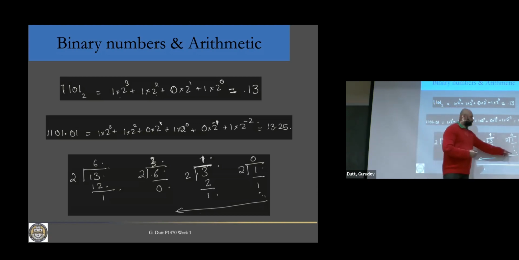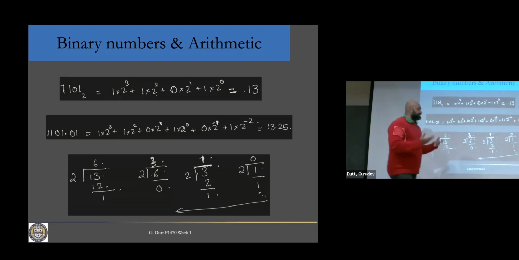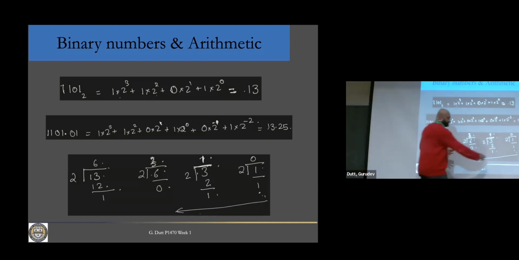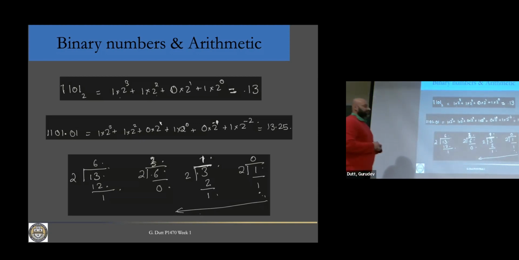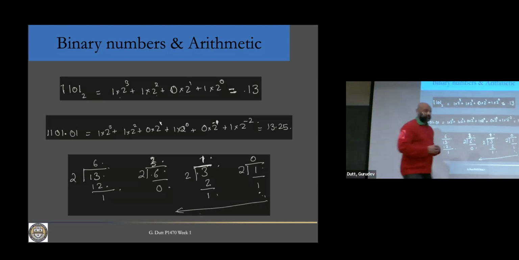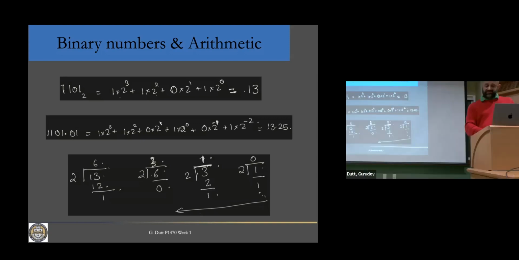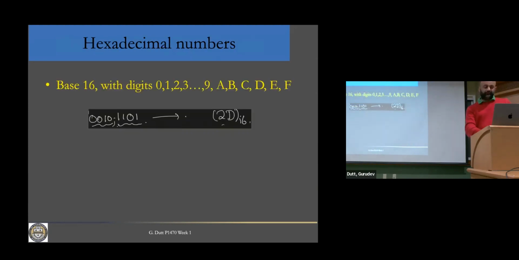I get a quotient 0 and remainder 1. That's when the operation stops. The digits left as remainders, 1, 1, 0, 1, when I write them from right to left, give me the binary representation. It's essentially the inverse of the multiplication we did to go from binary to decimal. We do the inverse division operations to go from decimal to binary.